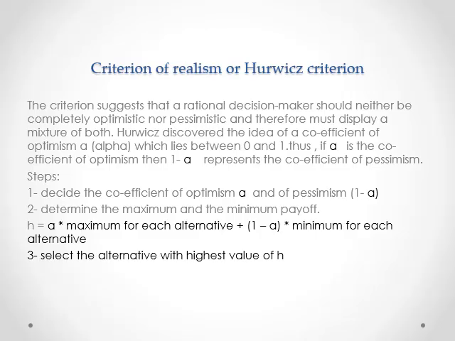Select the alternative with the highest value of H. The last column is H equal alpha times maximum for each alternative plus 1 minus alpha times the minimum of each alternative.